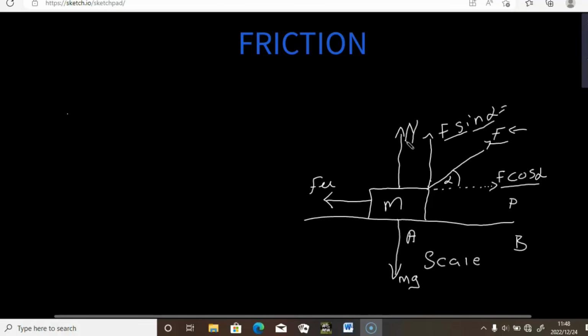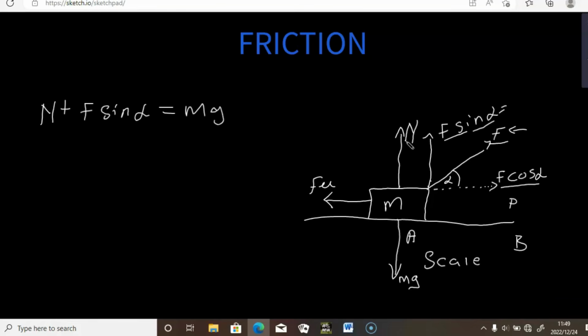If you are dealing with the forces that are acting up and down, it will be normal reaction, plus F sine alpha, because it's going in the same direction as the vertical component, equals mg. We don't have any other force that is acting vertically or perpendicular to the ground.